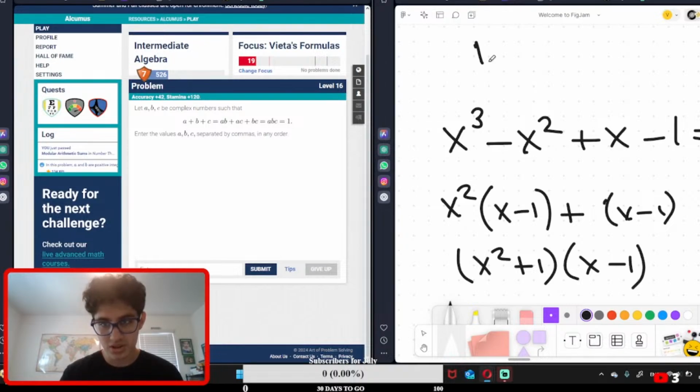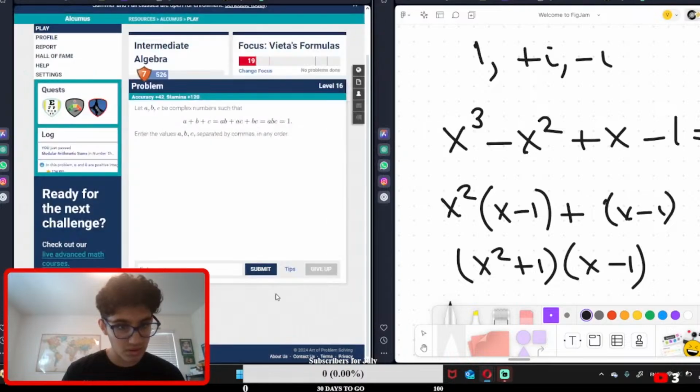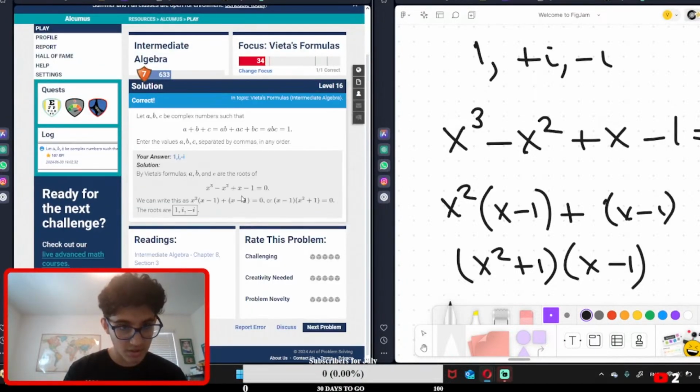So one of the roots is just 1. One of them will be plus i and one will be negative i, right? Let's see. Okay, perfect. So it's going to be, in any order, 1, i and then negative i, hopefully. It's supposed to show me that LaTeX pop-up, but no. Okay.